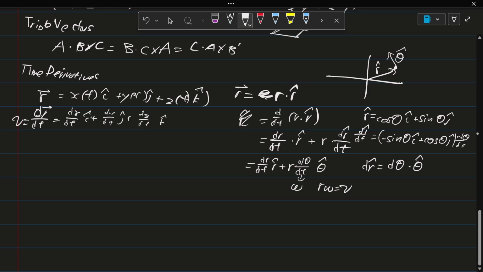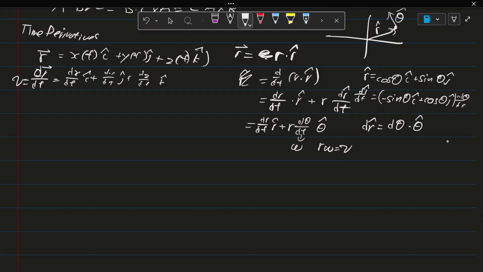What about the acceleration? When you're doing the acceleration, you could do the same idea. You'll be doing lots of dot products, but the result will be d squared r over dt squared in the r hat direction. Add this by the dr over dt, and then the dr hat over dt, which turns out to be d theta over dt in the theta hat direction.